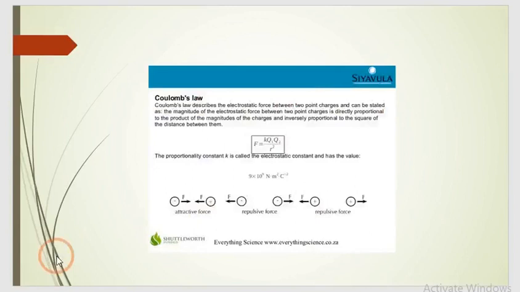Coulomb's law describes the electrostatic force between two point charges, and we already had discussion on this. Now, the forces between the two charges will be attractive if they are unlike, meaning one is positive and one is negative.